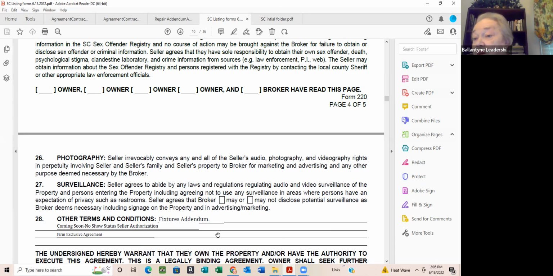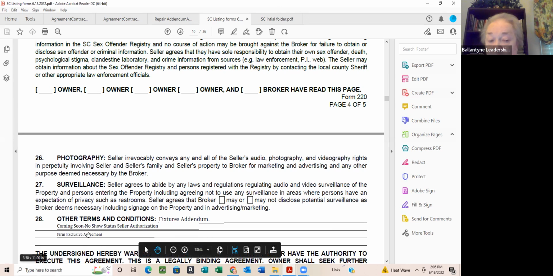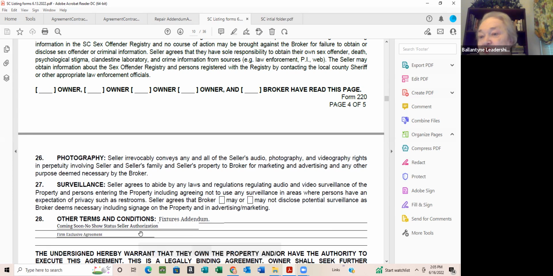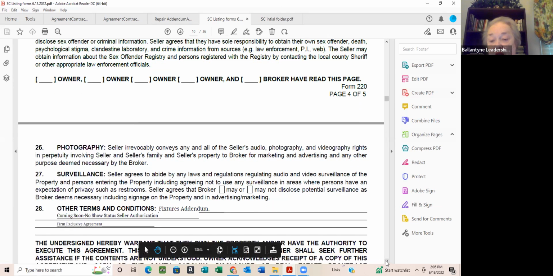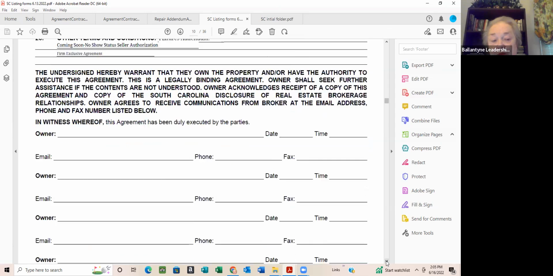In North Carolina, we have an agency agreement amendment, which is 710, that we use. But in South Carolina, you go back to marking through and put your change right here. And that's how you would be able to switch from firm exclusive to the public marketing. That is your listing agreement.